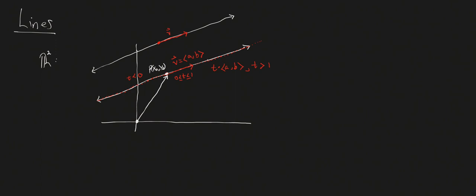And this is how I can distinguish between this line and some other line, even though it might be parallel to my first line. The reason why is this line would have a different point.